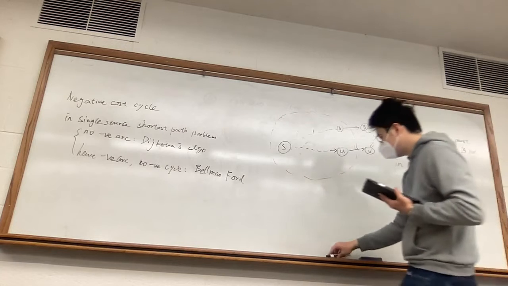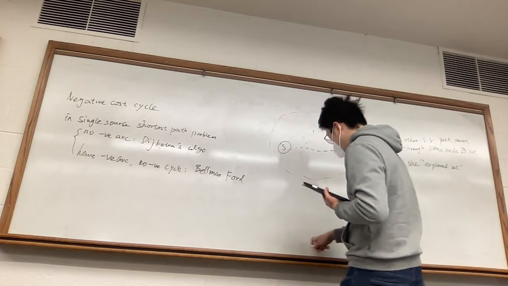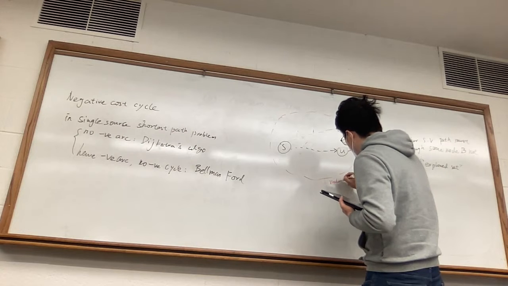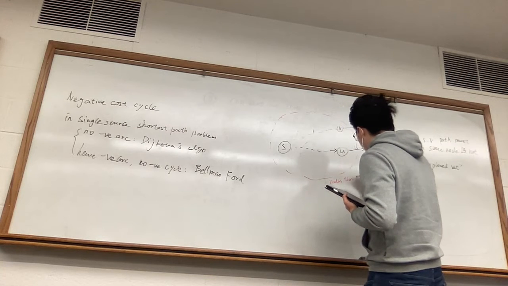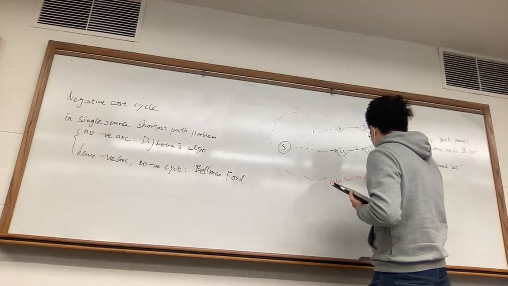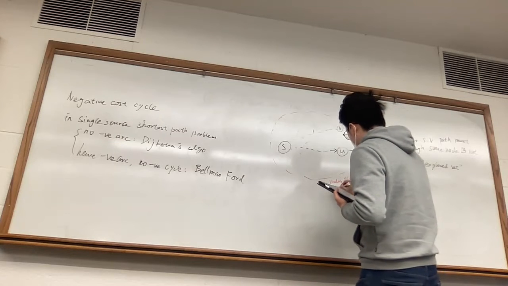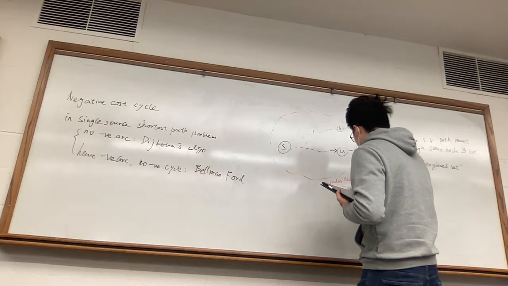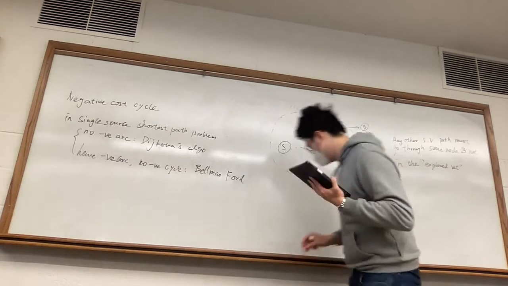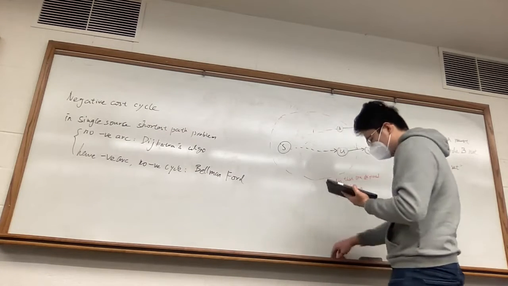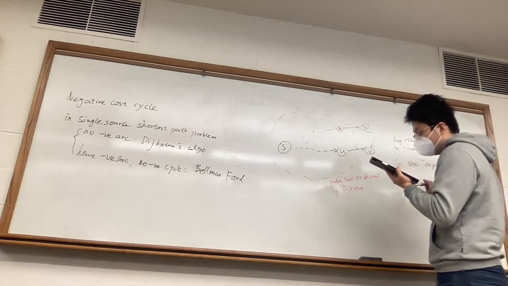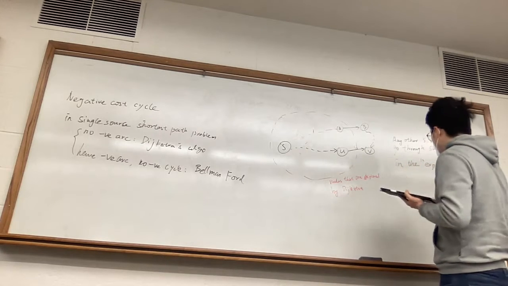Okay, so let me note here. This red circle means nodes that are explored by Dijkstra. All right, so first we need to clarify this. And then what else?